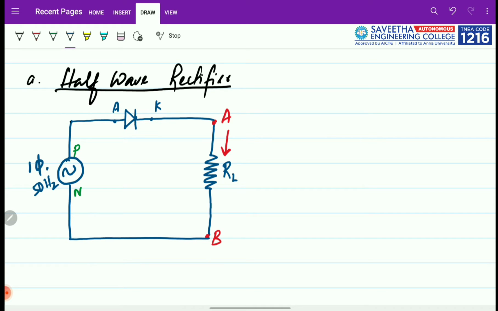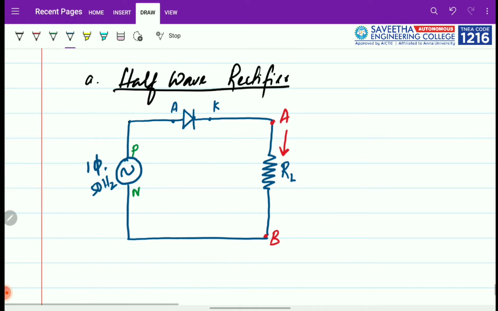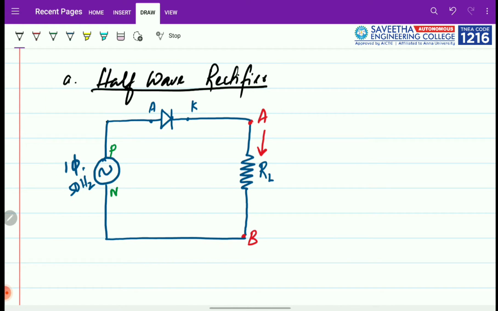So what happens in the first half cycle? My input is an AC. I'm going to draw the AC input waveform. The first half cycle, the positive half cycle, will look like this. The current starts to move. My anode is positive, connected to the higher terminal, so the current can move.